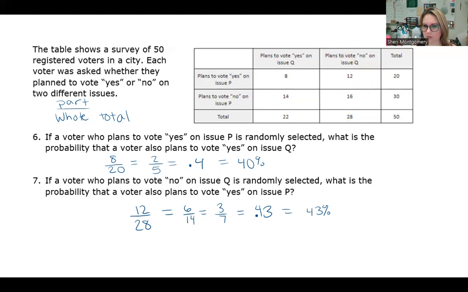I know that my total is going to be over here at the total. And then for my part, it's the second part. So yes, issue Q. So I go to issue Q and they vote yes. So this is the part. So the total is always going to be where the total column is.